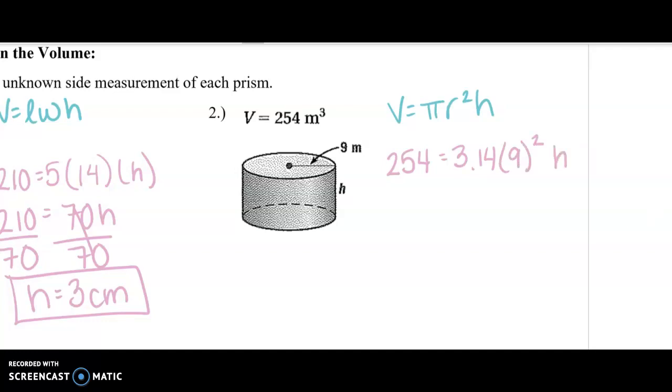And then my height, again, is what I'm trying to solve for. So 254 is equal to 3.14 times 9 squared, which is 81, times h. So 3.14 times 81.